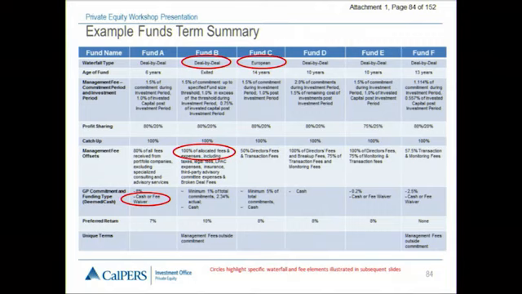But as you've heard before, one of the reasons that there are so many permutations of different terms is that different investors value different terms differently. We at CalPERS have been very focused on reducing management fees, reducing carry, and trying to have management fees paid on invested capital as opposed to committed capital.